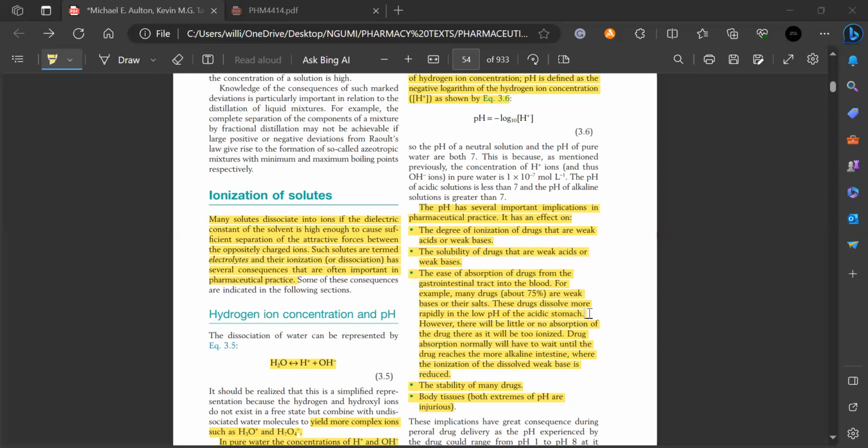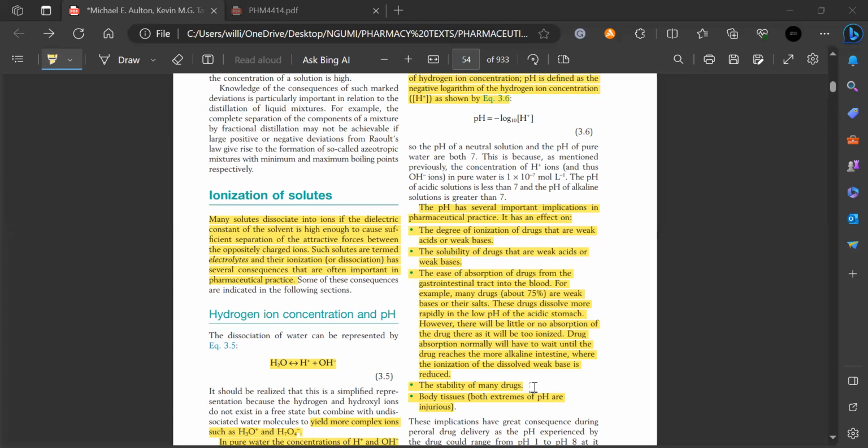The pH in the stomach is acidic, so it's reacting with the bases, and now we just form a neutral solution, which is easily taken up. And important to note that many drugs, about 75%, are usually weak bases or salts of weak bases.